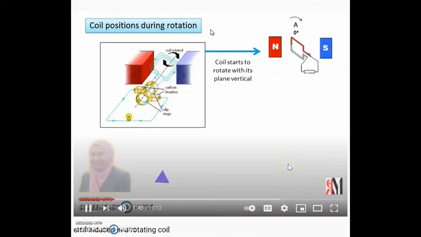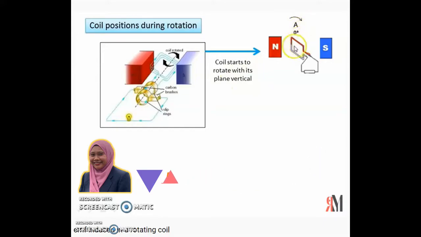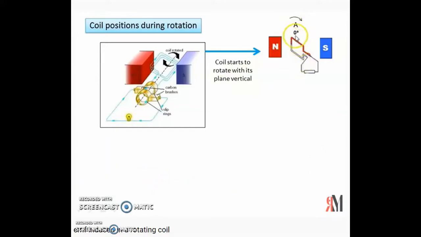We divide one complete rotation into 5 positions. The coil starts to rotate with its plane vertical. In this diagram, we can say that it starts from 0 degrees, and the rotation in this case is clockwise.